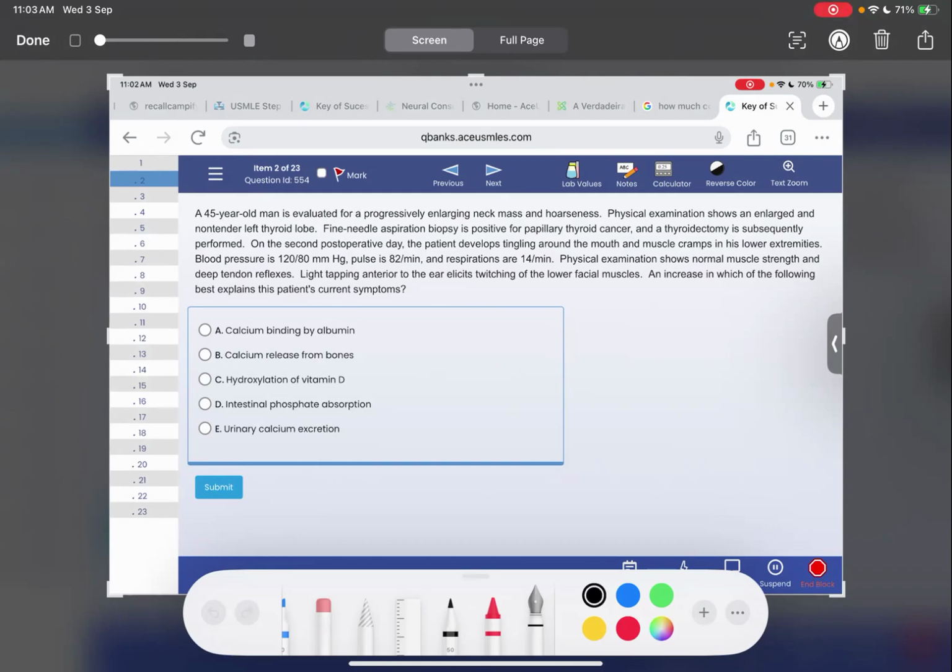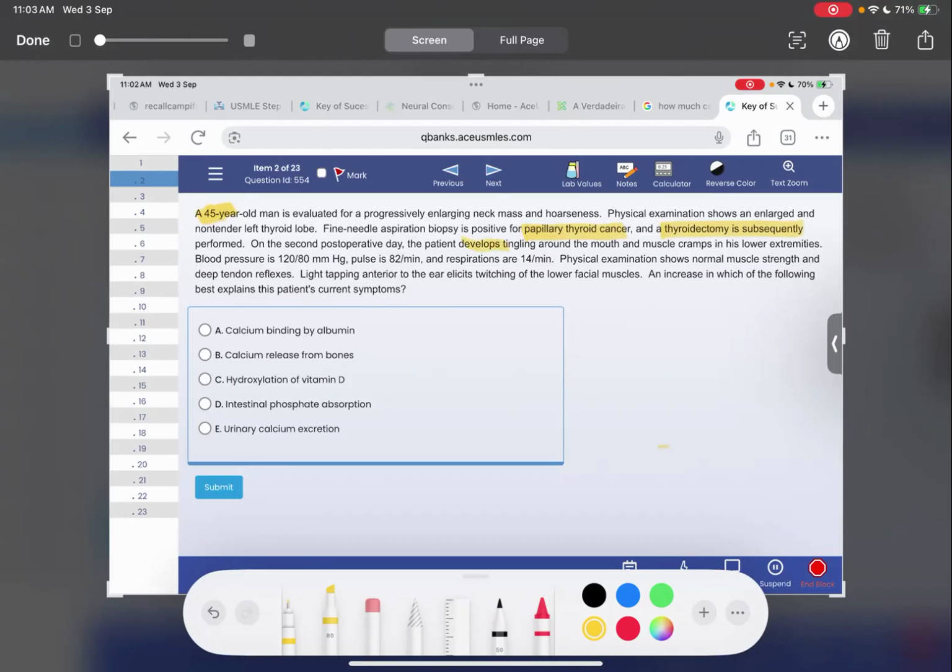That is the Chvostek sign, explained, right? So what is happening over here is that we have a 45-year-old person with a neck mass. They have given the diagnosis of papillary thyroid carcinoma, and they have operated by doing a thyroidectomy, right? So what happens after the thyroidectomy?